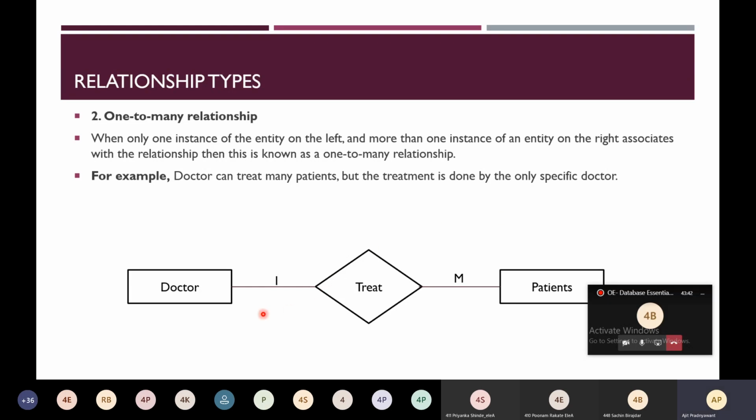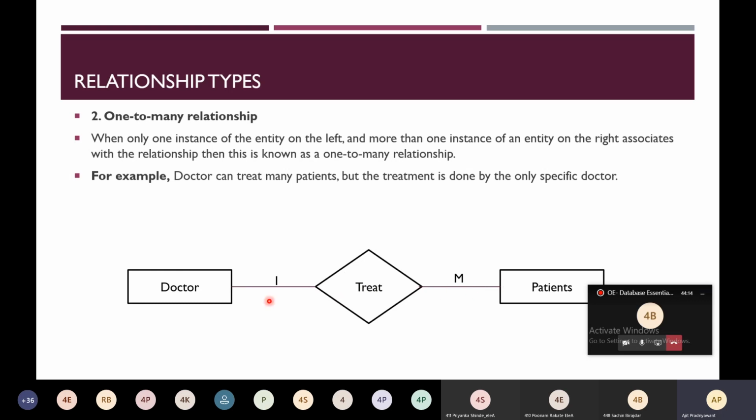So here we have entities doctor and patients, and the relationship is treat, that is treatment of the patients. How do we define this one-to-many relationship? For this one doctor, you have to give the number here. This one doctor treats many patients. I have written M for many patients.